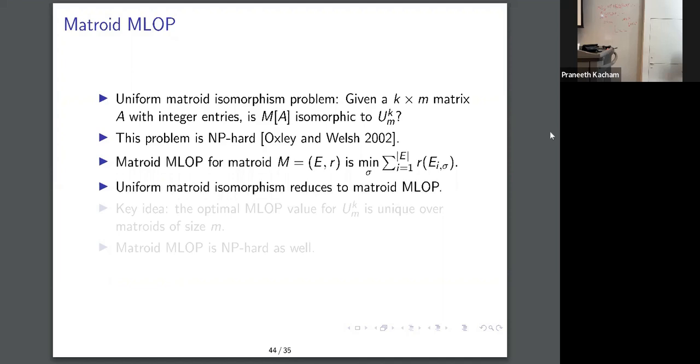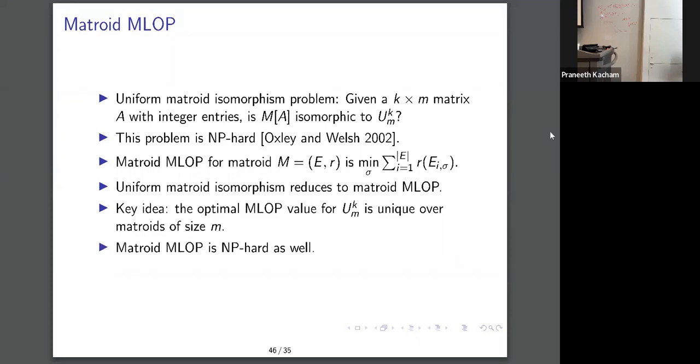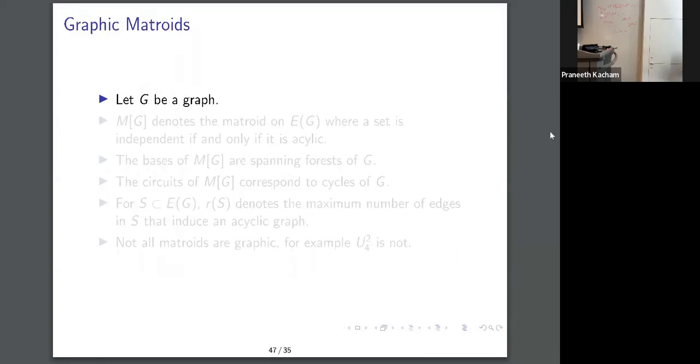We give the rank function of the matroid as an oracle to the MLOP, and if it is a uniform matroid, then the MLOP objective value can be calculated because, as we will see, the MLOP is going to pick the ordering such that it is not increasing the rank as soon as possible. But let's not get into details of that because it's harder to show.